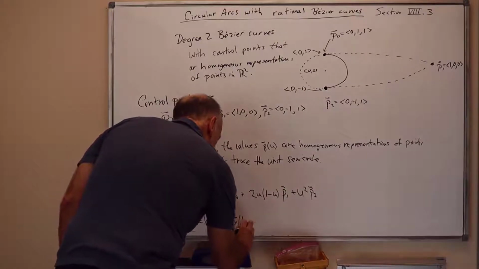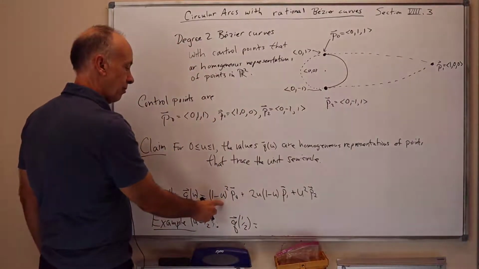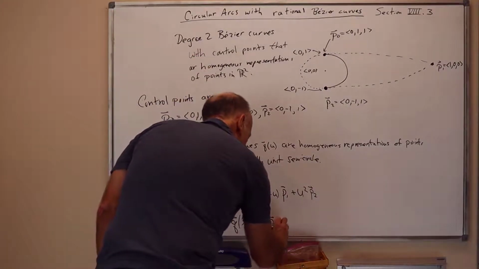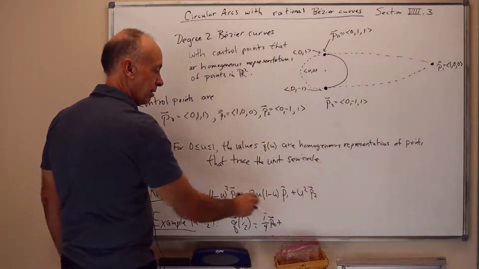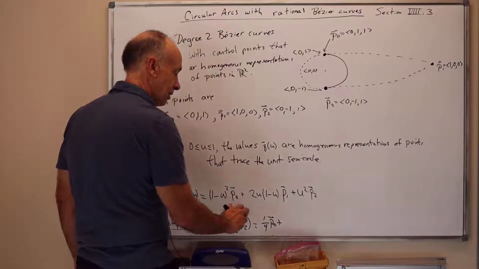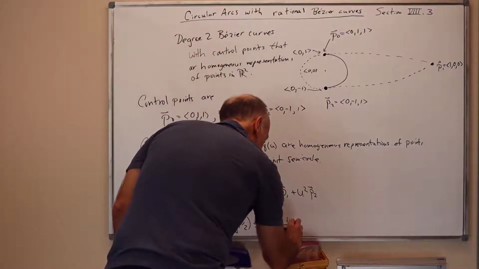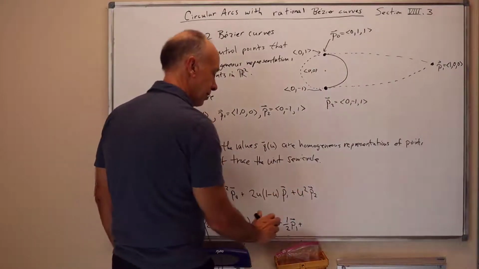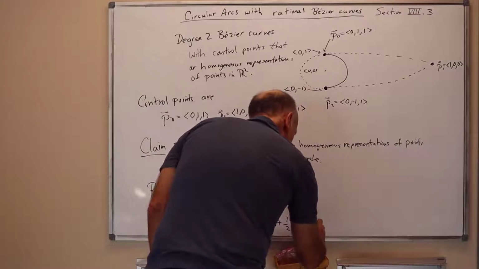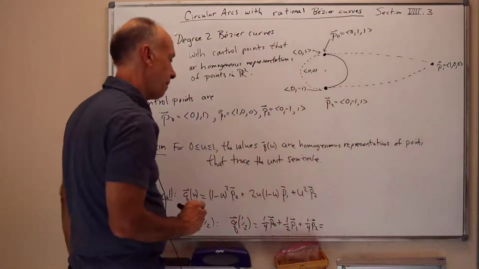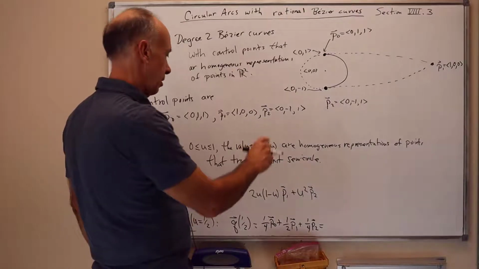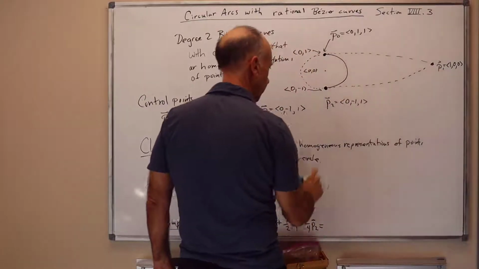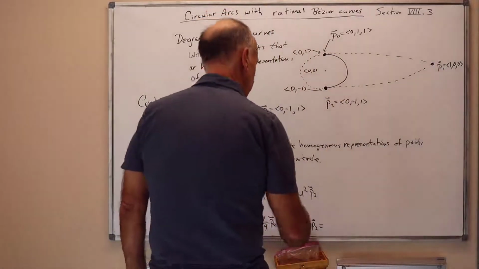Q of 1/2 is equal to 1 minus u squared times P0, so that's 1/4 times P0, plus 2 times u times 1 minus u, which since u is 1/2 is 1/2, times P1, plus u squared times P2, so that's 1/4 times P2. So if we add this up, I've got 1/4 times P0, 1/2 times P1, and 1/4 times P2.